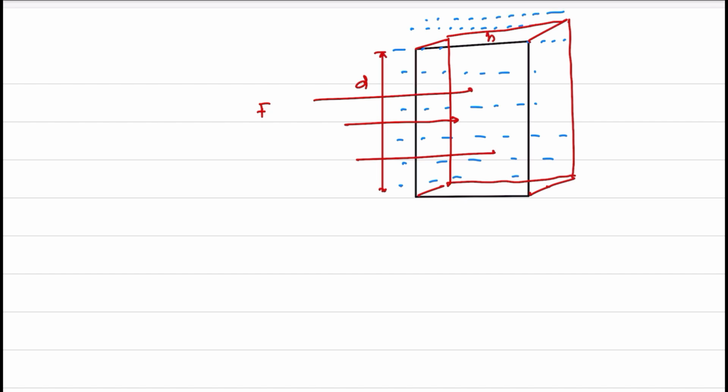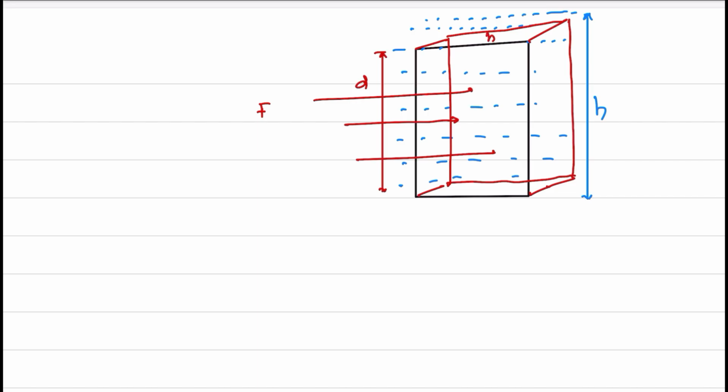Force is acting on this like this, and this is B, this height is D. Please remember this diagram whenever you answer any center of pressure problem, and this water level is more than the height of the object. This is H.